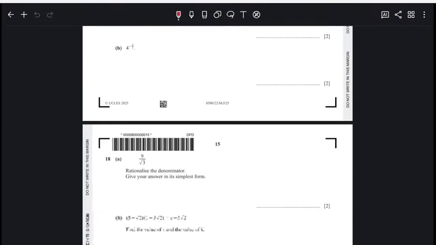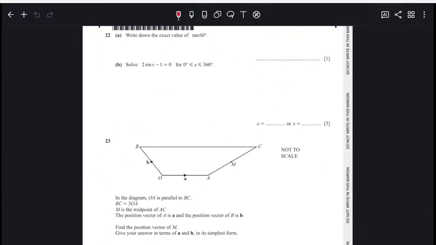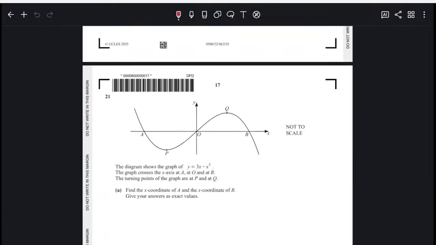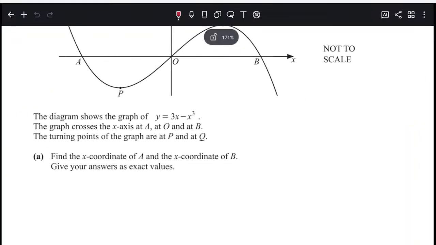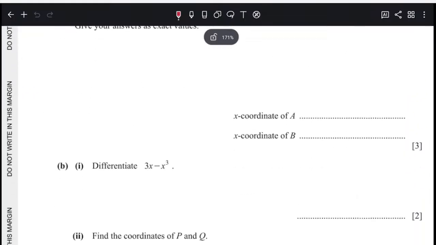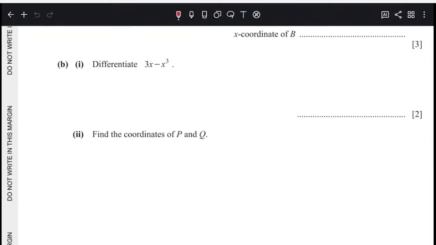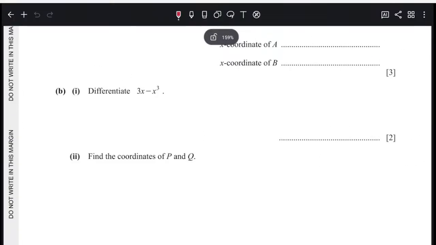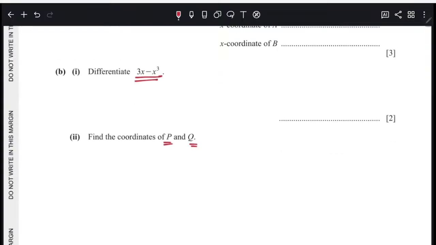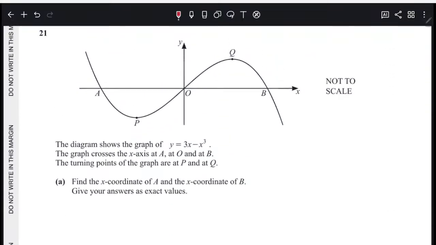Number 21. Right. They said differentiate this one. And then they said find the coordinates of P and Q. If I come here, I'll show you. P is this one. Q is this one. So anyone with two eyes can see that these are stationary points.